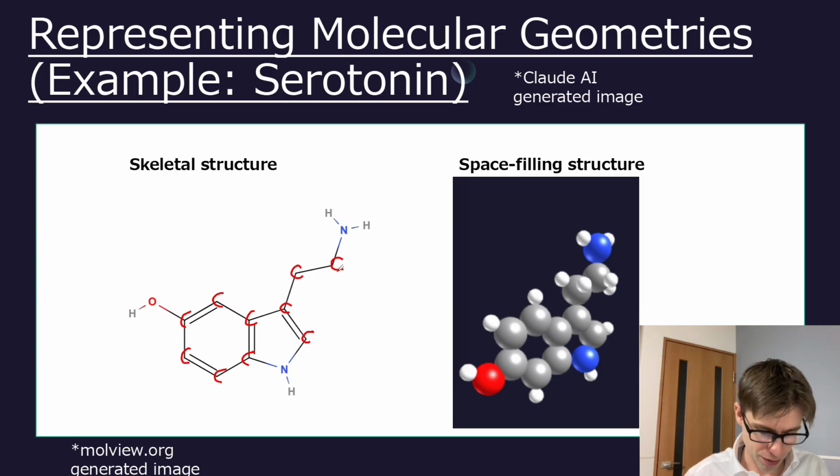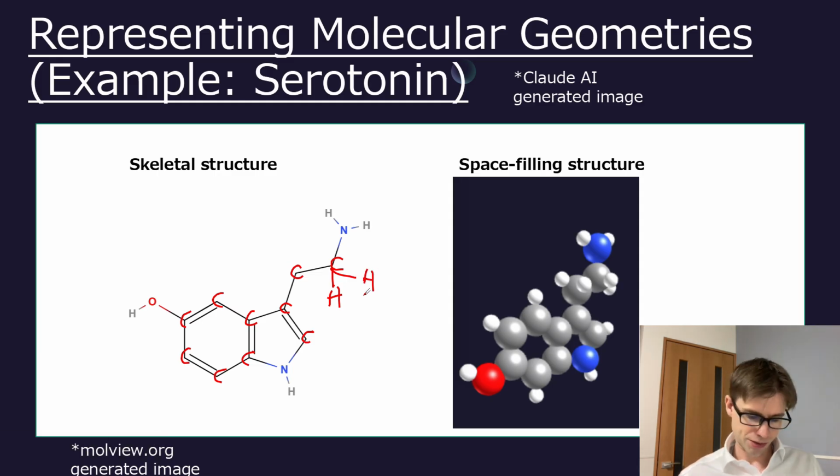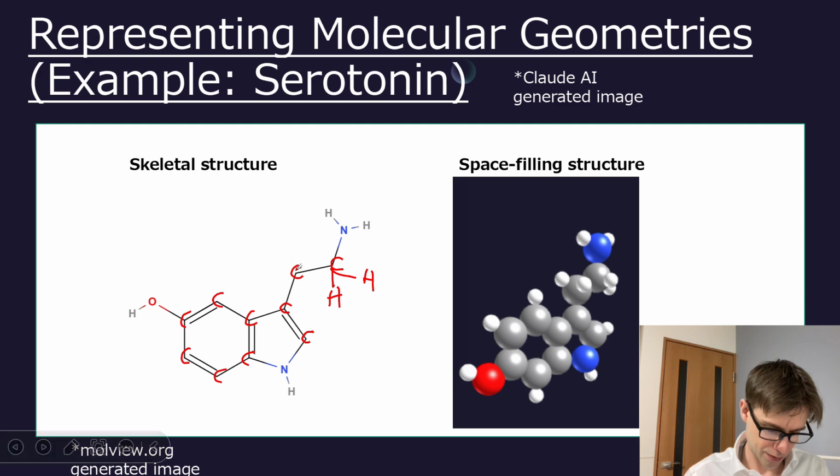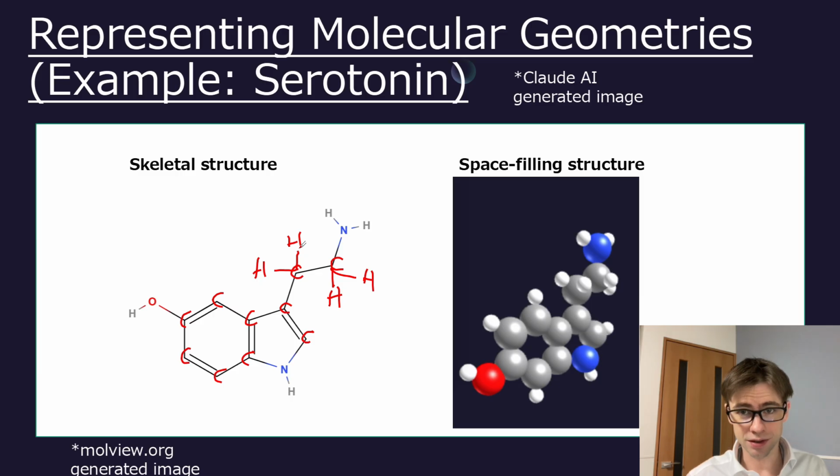So for example, here on this one, that carbon only has 2 bonds, so we must understand there are also 2 hydrogens attached to this carbon. Same for this one on the left of it. It only had 2 bonds, so there must be 2 hydrogens attached. We have to just understand that by looking at this structure.